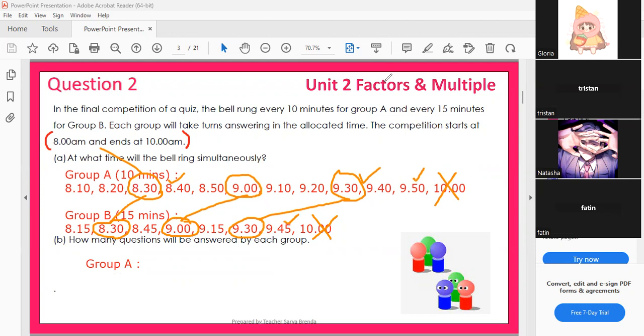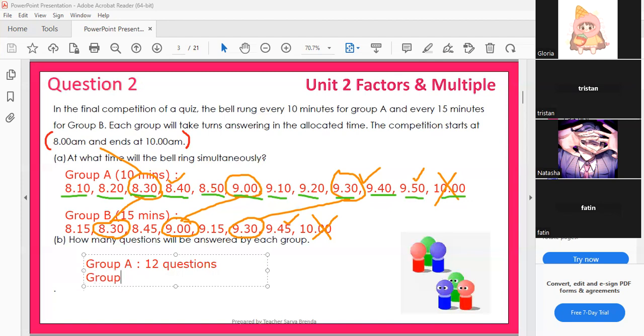So count, use another color, maybe use green. How many times? 1, 2, 3, 4, 5, 6, 7, 8, 9, 10, 11, 12. So group A gets 12 times, 12 questions. How many questions will be answered? 12 questions. Group A can answer.